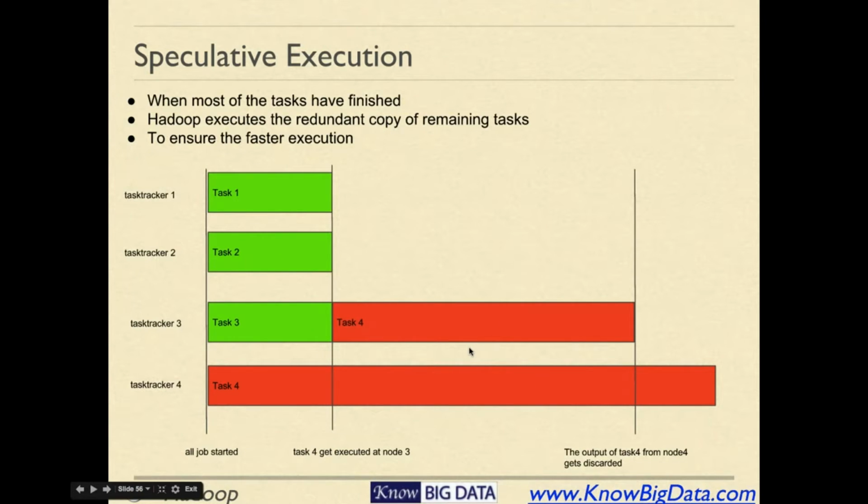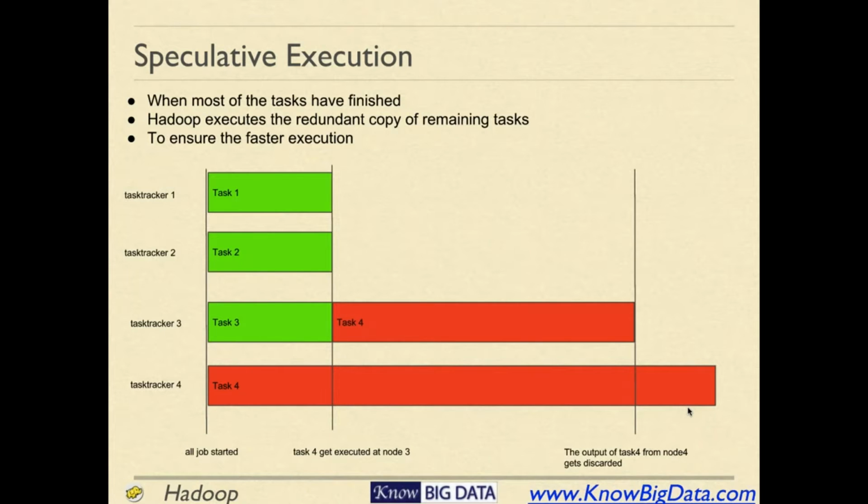There could be another case, where task tracker 3 takes a long time to finish, and in case task tracker 4 finishes first, then that answer will be regarded. Right now, Hadoop does not know whether it's a problem with the data.